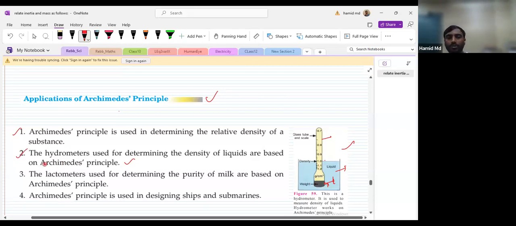I asked you one question in the assignment: why is it easier to swim in the Dead Sea with respect to fresh water? We know people float on the Dead Sea, but why does this happen? This is your assignment question. Why is swimming in seawater easier than fresh water?